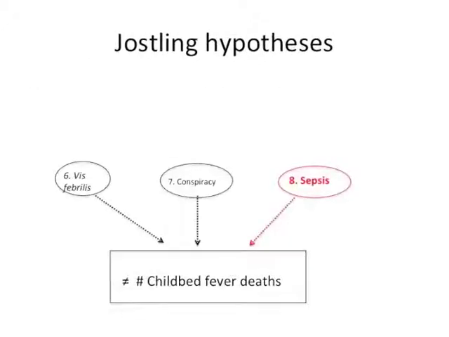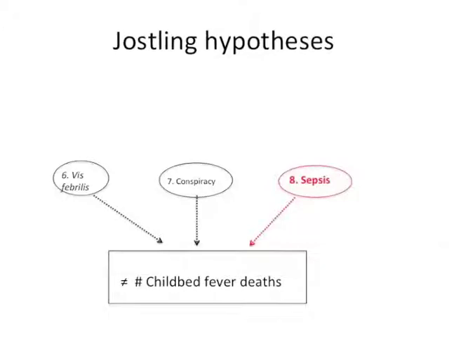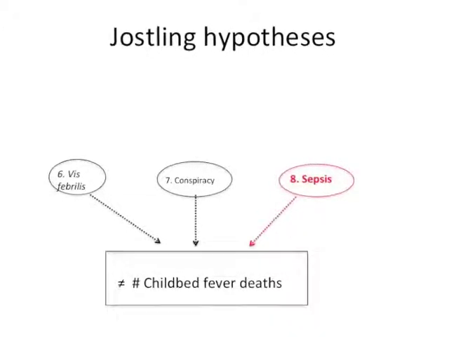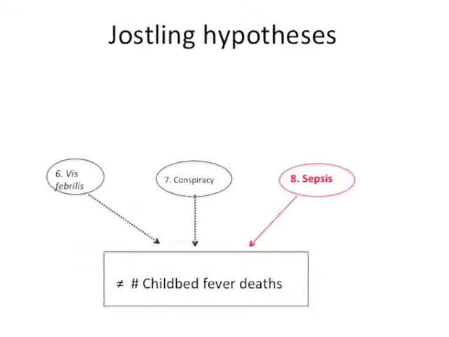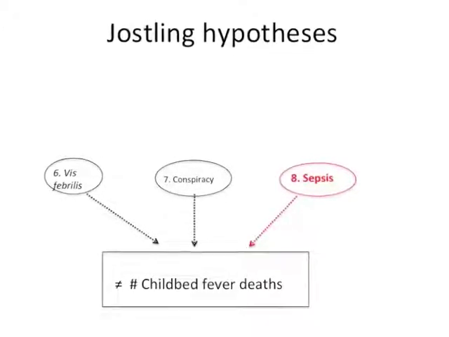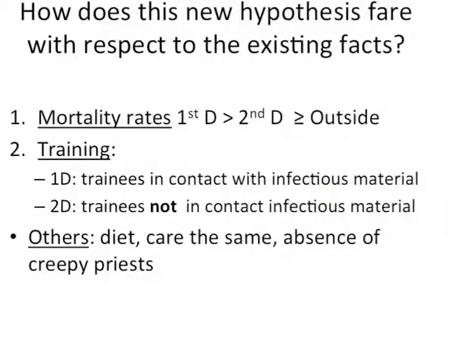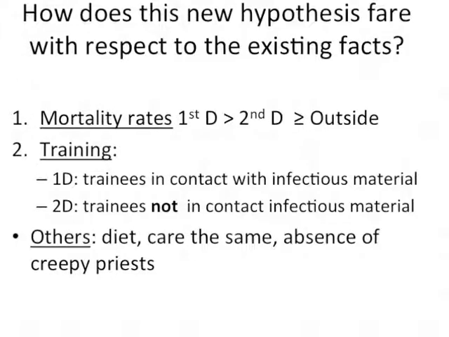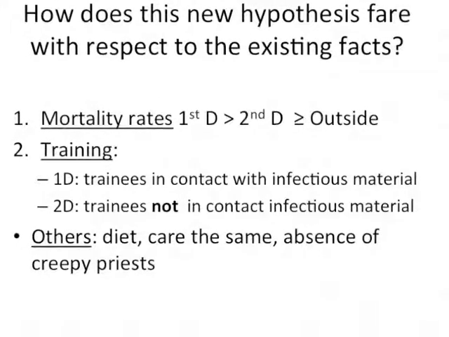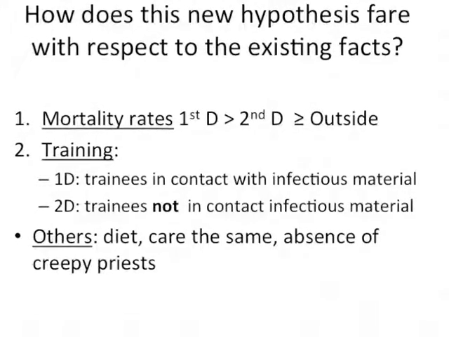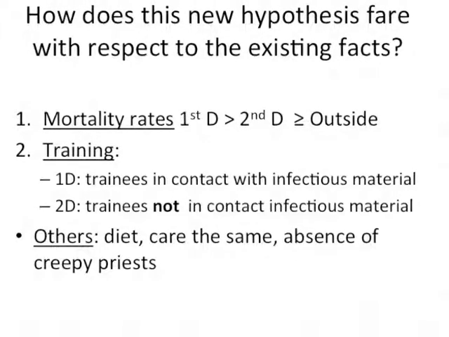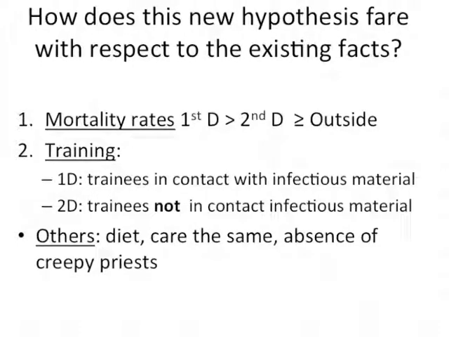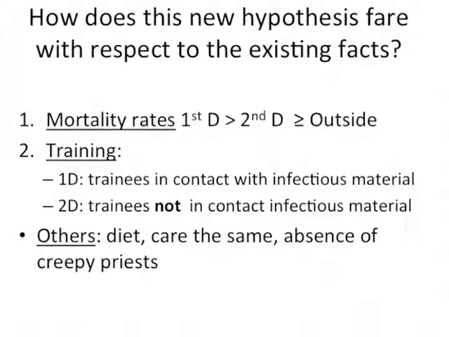So we have three hypotheses at this point: the vis febrilis hypothesis, the government conspiracy hypothesis, and the hypothesis about the infection of the blood, or sepsis. Just to remind us, these were the facts that had to be accounted for: that mortality rates were higher in the first division, smaller in the second division, and even smaller outside.